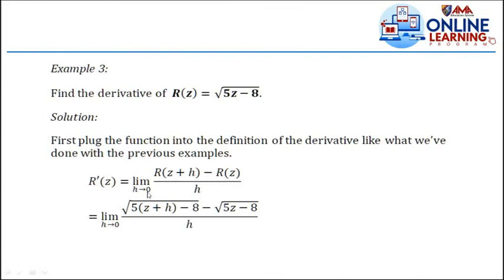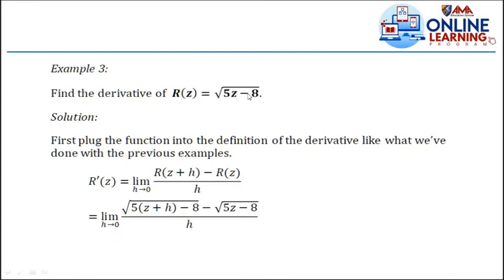So ito na yung formula po natin ngayon. We're going to replace your z by z plus h. Okay? So if we're going to have that one, ito na siya. 5, the square root of 5 times z plus h, then minus 8, no?